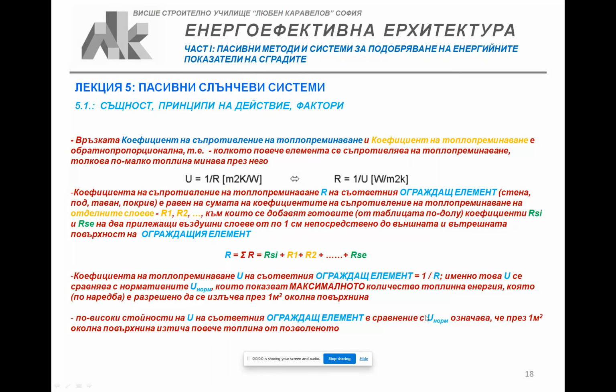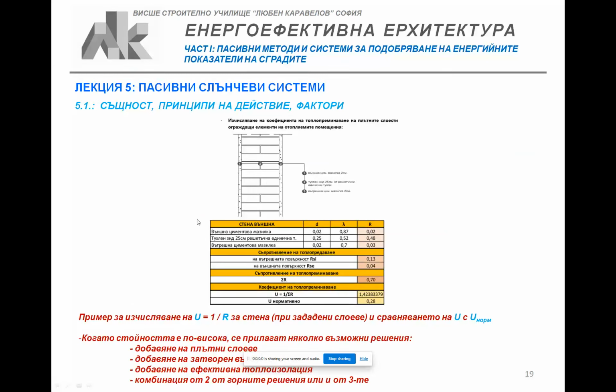The normative requirements set the upper limit of how much heat should pass through the outer surface of the element per square meter. More is not okay, and less than the normative requirements set is okay. So if the wall or the roof lets more of that amount pass through and be radiated to the outer atmosphere, this element is not okay and needs additional measures.